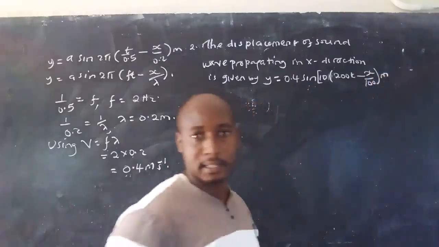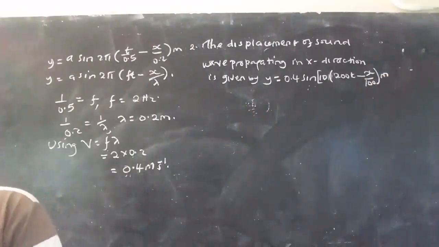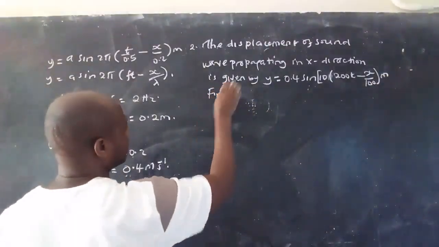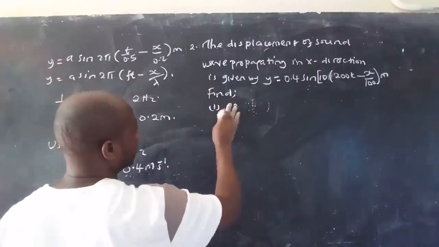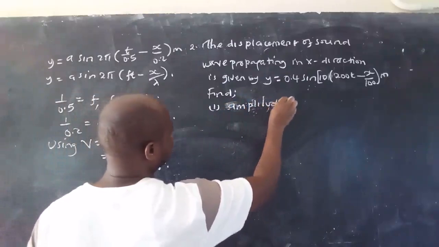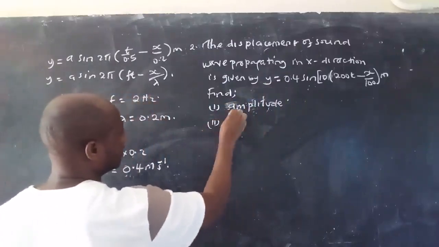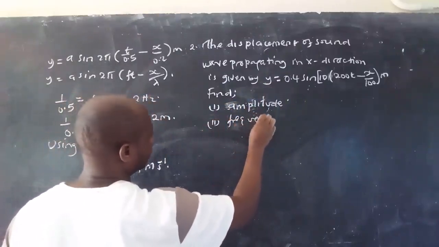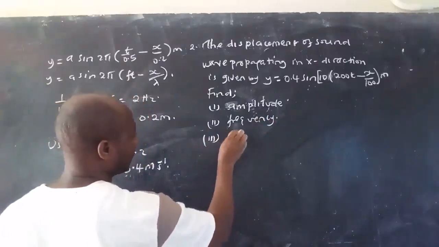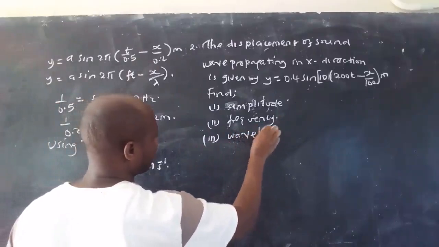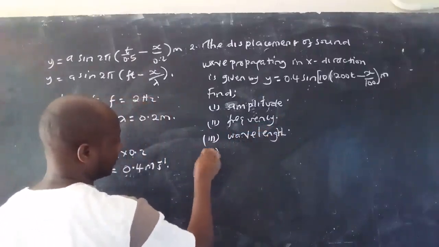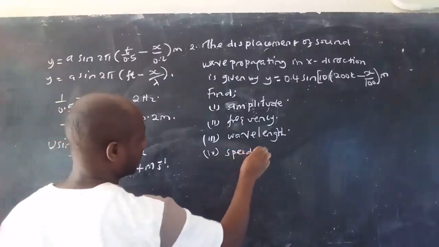Then the question says, find part 1 amplitude, part 2 frequency, part 3 wavelength, then part 4 speed of the wave.